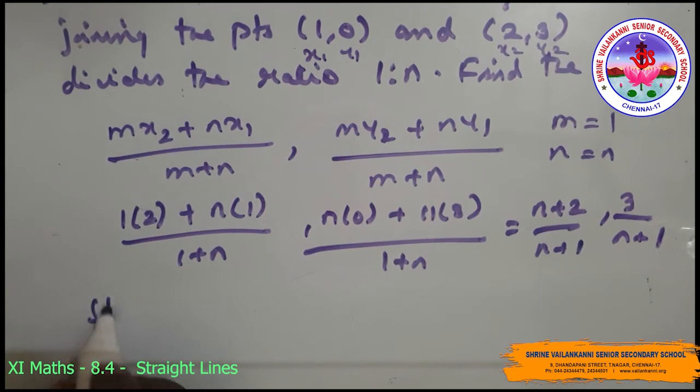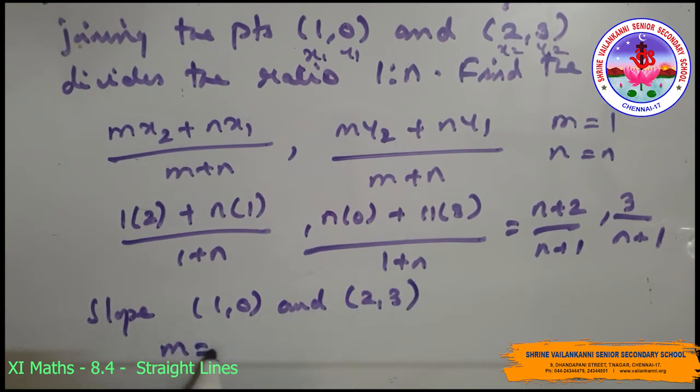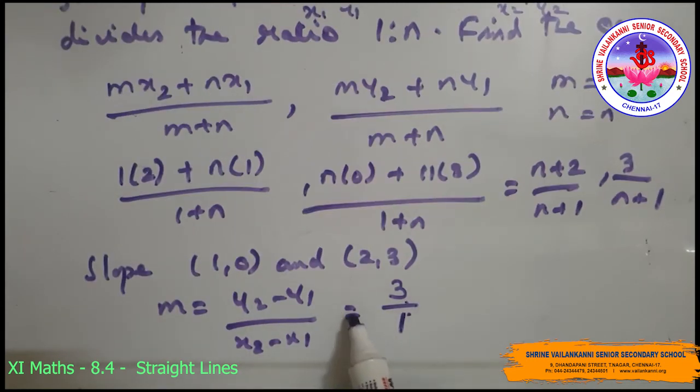The slope of the line joining the 2 points (1, 0) and (2, 3), using m equal to (y2 minus y1) by (x2 minus x1), is 3 minus 0, which is 3, and 2 minus 1, which is 1. So 3 by 1.